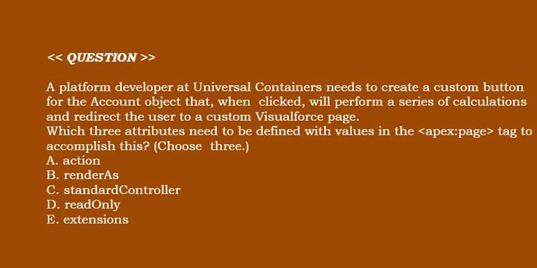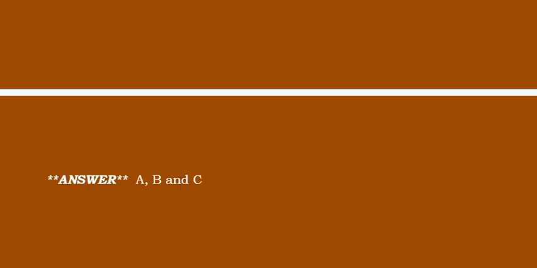Choose three options. Option A. Action. Option B. Render as. Option C. Standard controller. Option D. Read only. Option E. Extensions. Correct answer is option A, B and option C.